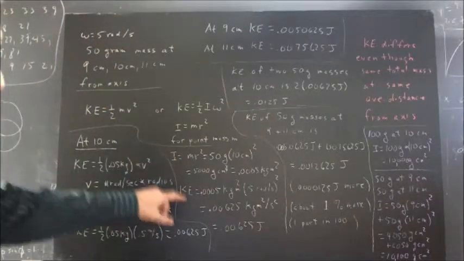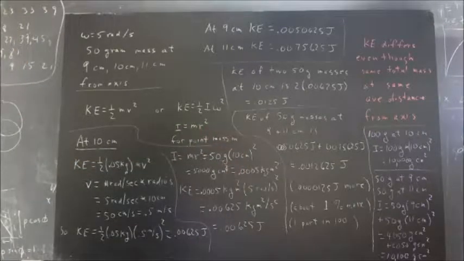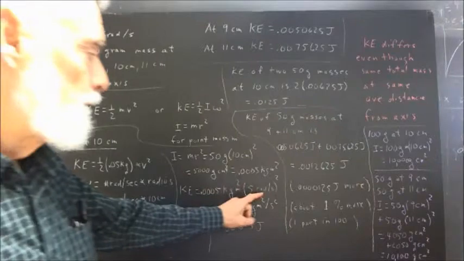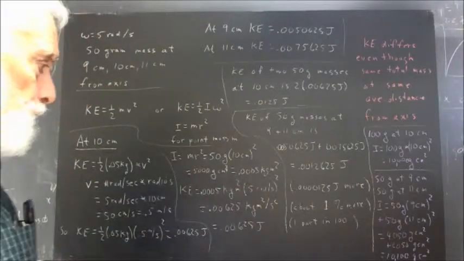And then the kinetic energy of the 50-gram mass at 10 centimeters, when the angular velocity is 5 radians per second, is that times your 5 radians per second squared.